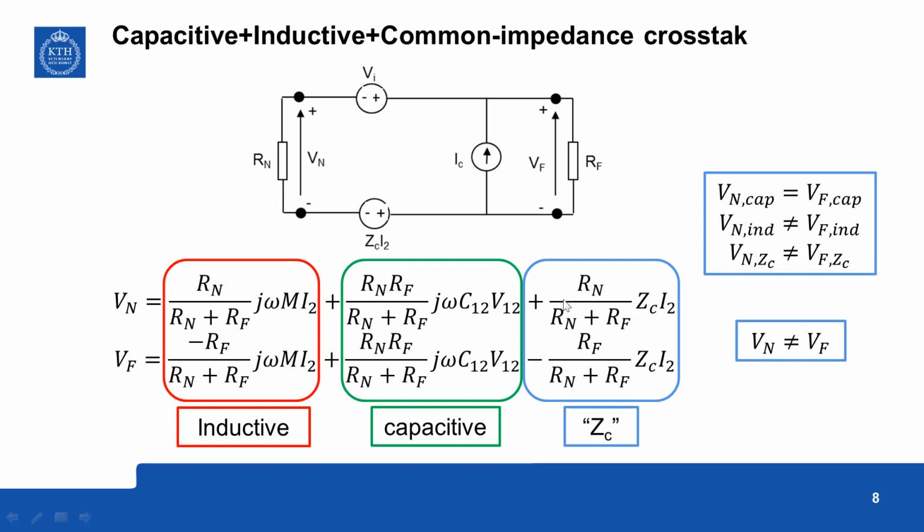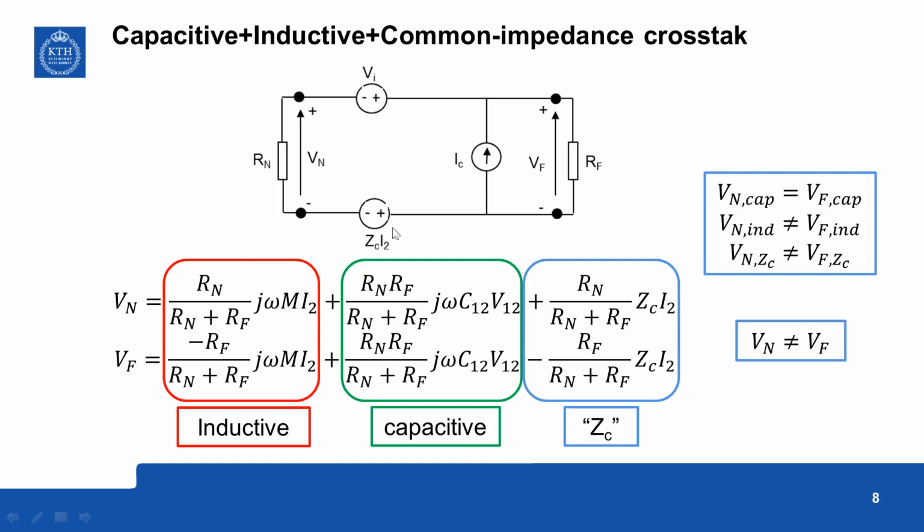So the polarity of the common impedance coupling voltage across, and the inductive coupling voltage across, they are the same. And similarly here, both are negative. So common impedance coupling somewhat behaves more like inductive coupling, except that this need not be a function of frequency, whereas this is a function of frequency.